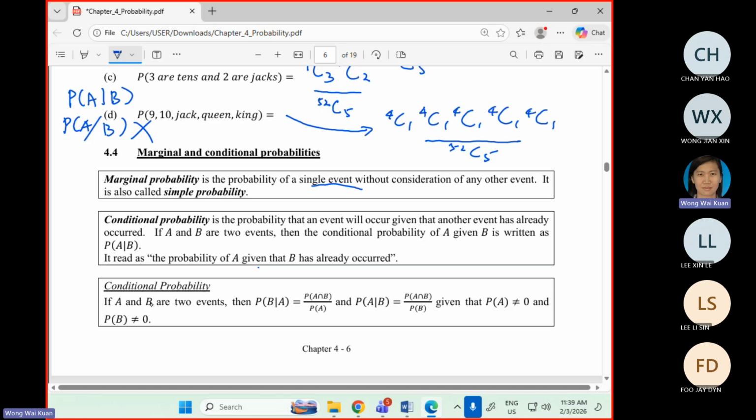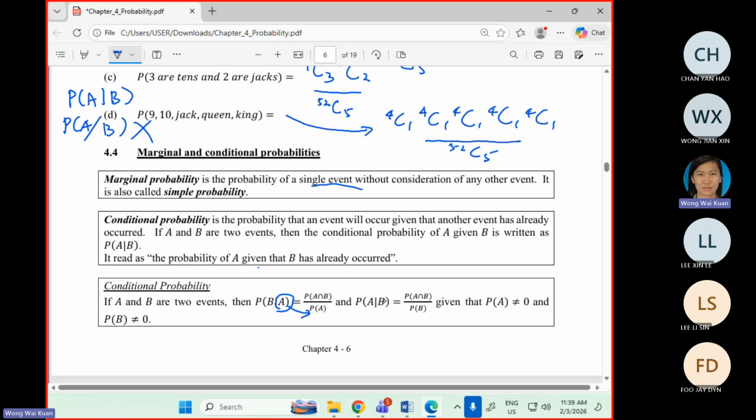Okay? So now, the formula: what is the probability of B given A? B given A happened already is the probability of A intersect B divided by the probability of A. Given at the back, that is what you divide by.